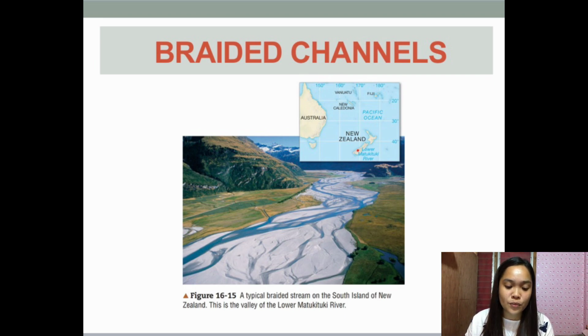Braiding often takes place when a very flat stream channel has a heavy load of sediment, such as the coarse-grained bed load supplied by glaciers to a meltwater stream, and in regions with prominent dry seasons and periods of low stream discharge, such as is common in arid environments.